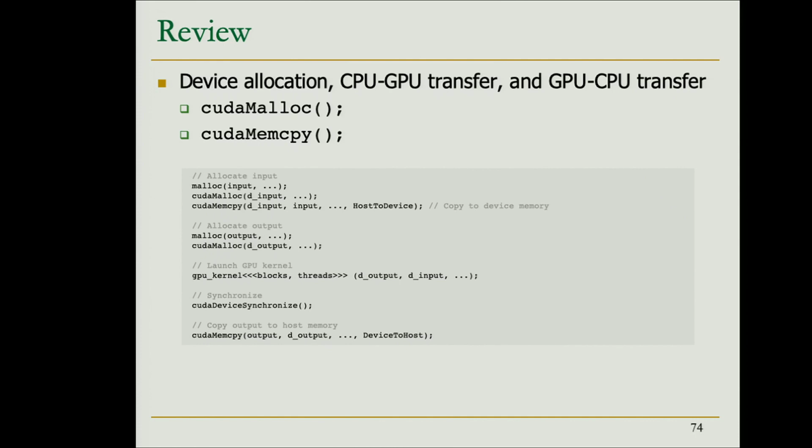Because if you look at this model, the only thing the CPU thread is doing is offloading the computation to the GPU and waiting for the GPU to finish, right? So during all this time, the CPU thread is doing nothing.